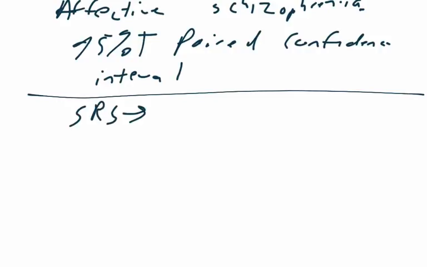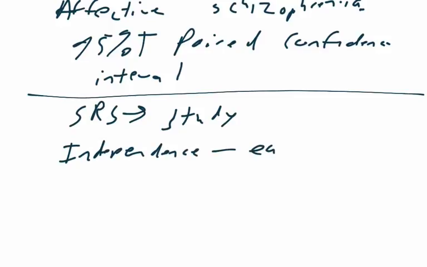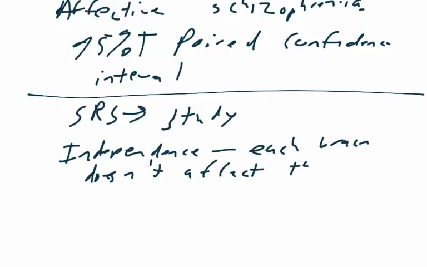SRS. And we didn't because this is a study. So we had volunteers. Independence: each brain doesn't affect the others.